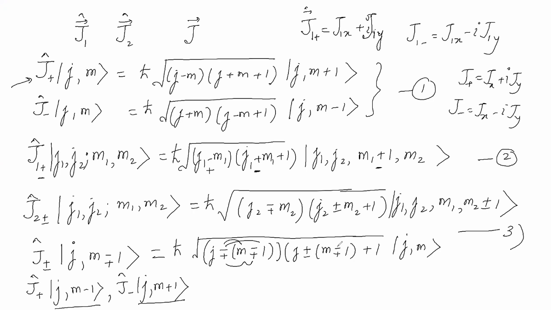Similarly here, plus minus will give minus and plus will cancel out. Therefore, here what will be left is J plus minus M. So we can write it as H cross square root of (J minus plus M plus 1)(J plus minus M) |J, M>.